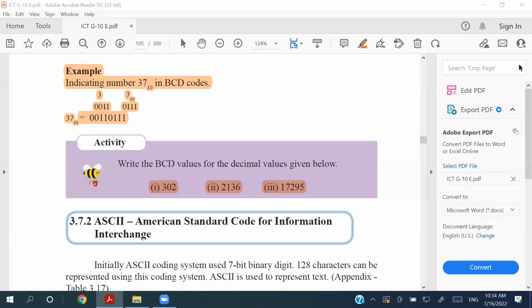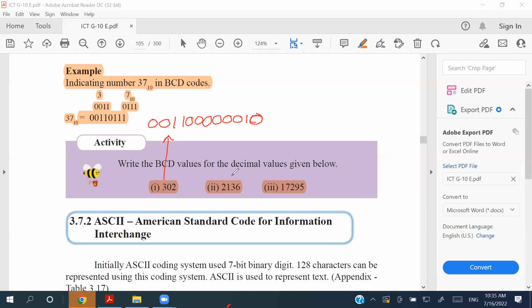Right, so 302, how are we going to write 302? 3 can be written as 0011. 0 can be written as 4 zeros since it is BCD. 2 can be written as 0010. So that's going to be the representation of 302.